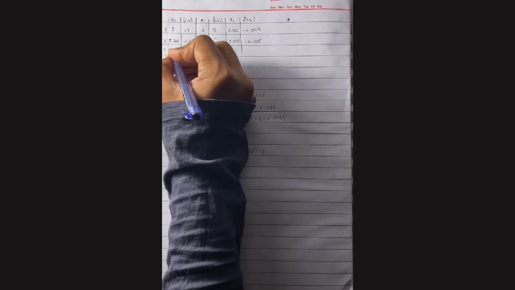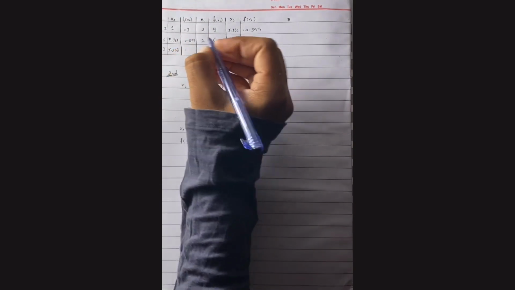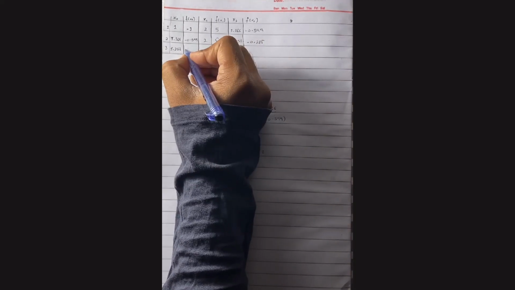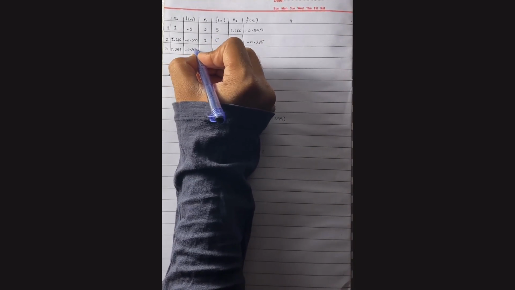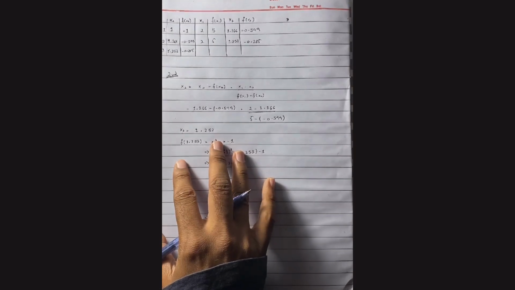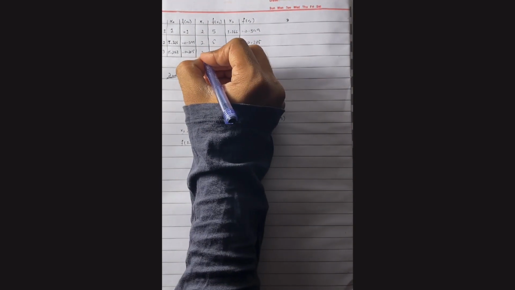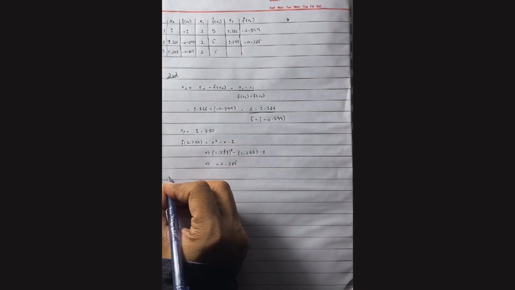So now write this over here and minus 0.285 over here. We have the same f of x1. Now we will move to our third iteration.